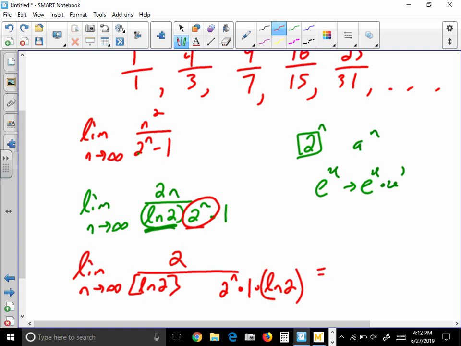Now we could simplify all of that, but notice we have a constant on top, and if we let the denominator go to infinity, what is that going to go to? 0. That's going to go to 0. So does that converge or diverge? That converges.